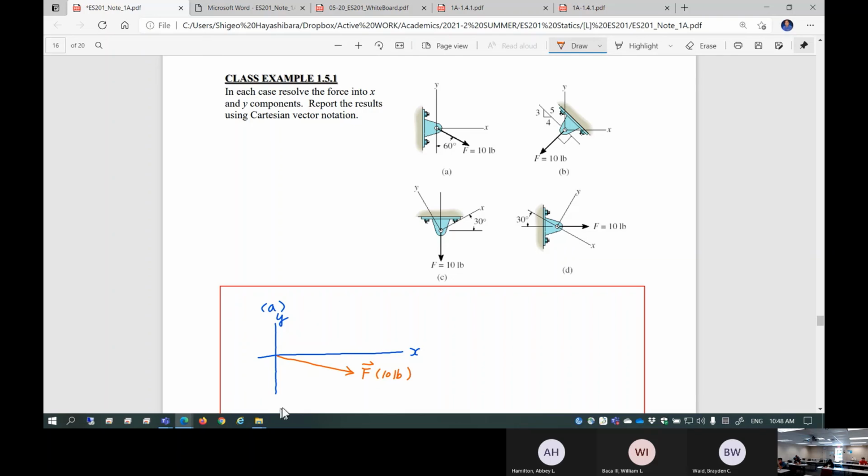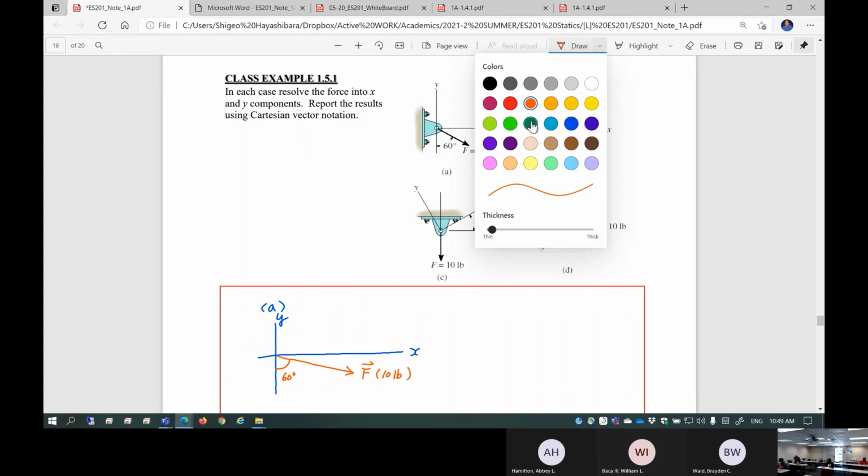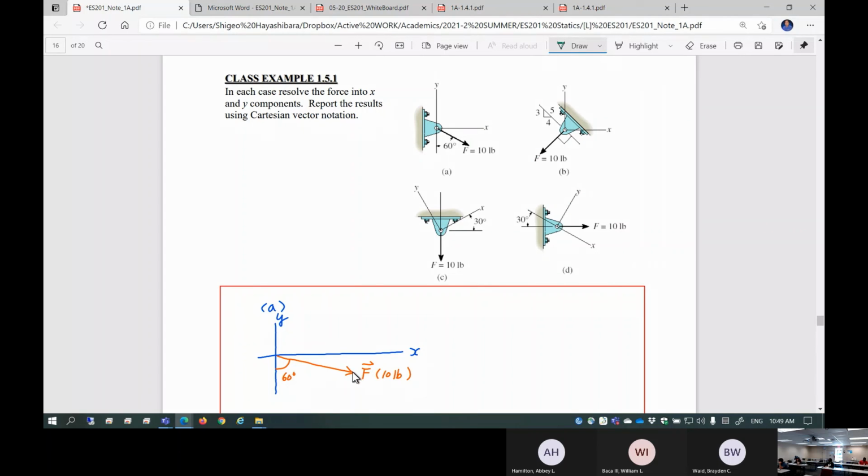Force, of course. This is a force, that's why there's no subscript. If this is a pound mass, the subscript M is required, so be careful. And this is 60 degrees. So we are going to resolve into x and y, this and that.